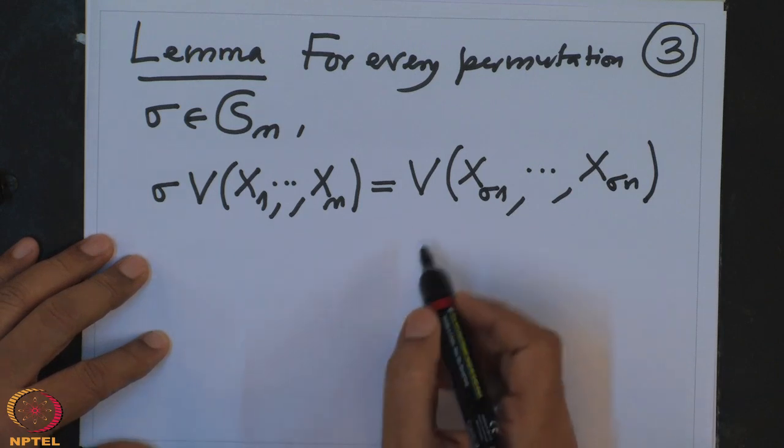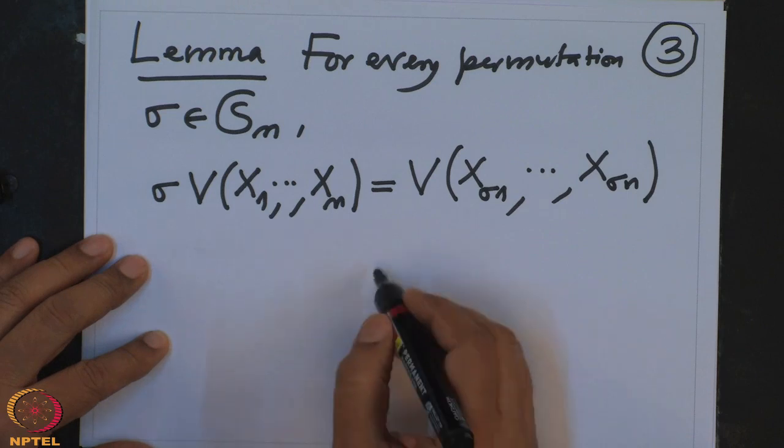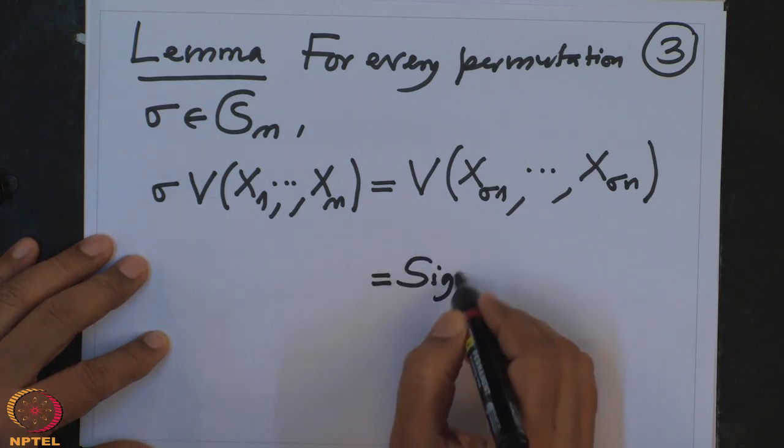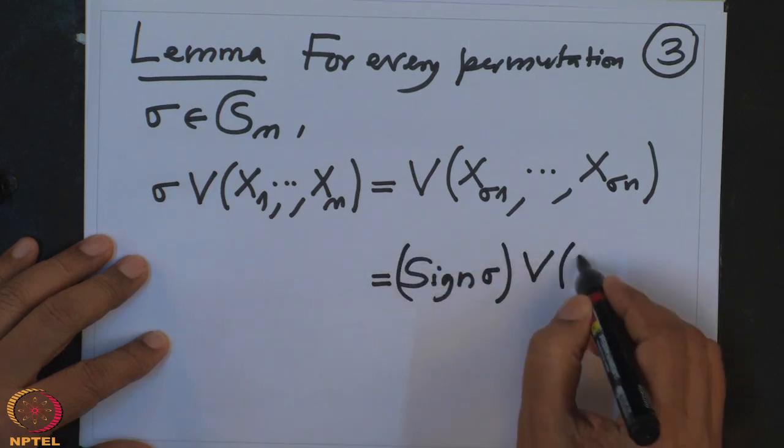Now, if it were equal to V, then V would be symmetric. That was the definition of a symmetric polynomial, right? But this is not symmetric. What comes out is sign sigma times V(x1 to xn).